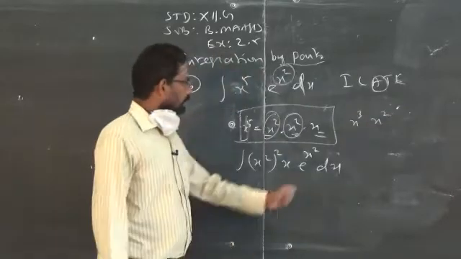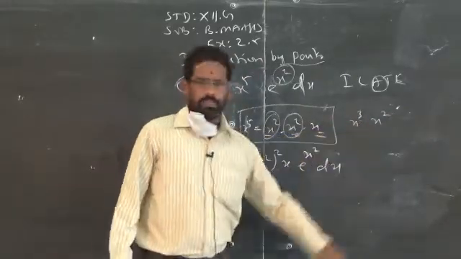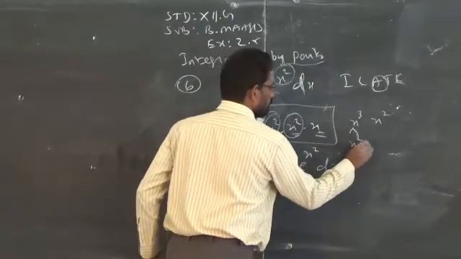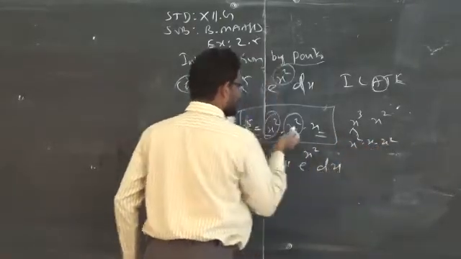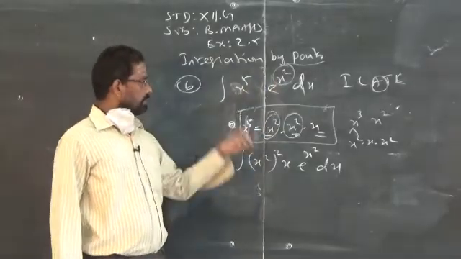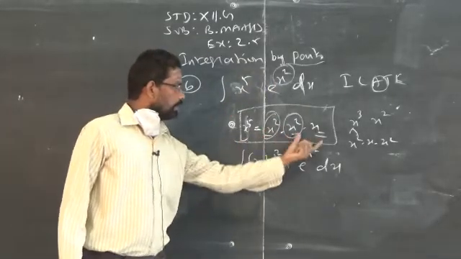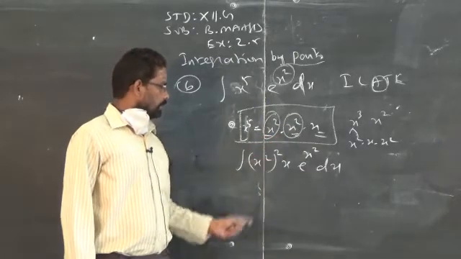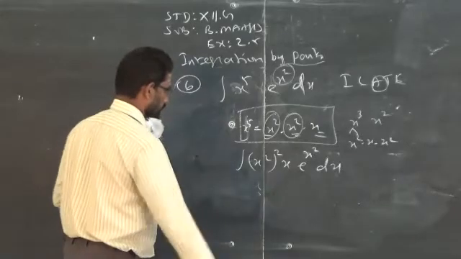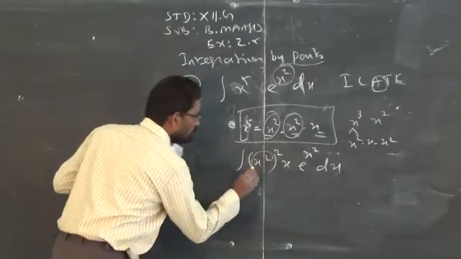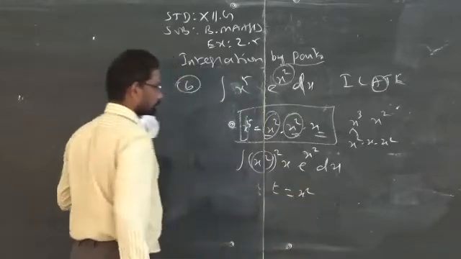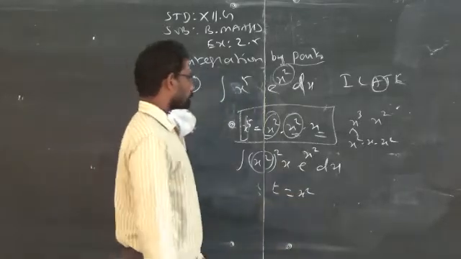It's correct, but x power 3 itself consists of x square, so you can rewrite x cube as x square into x. So finally you get the same one. The only way is x square into x square into x. x square is repeated 2 times, so I can rewrite this as x square the whole square into x e power x square. Now I am considering this x square as t.